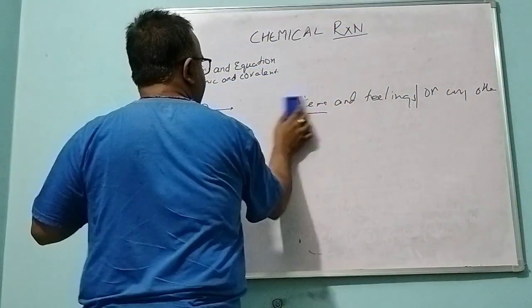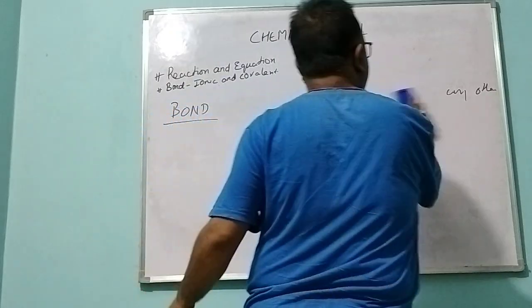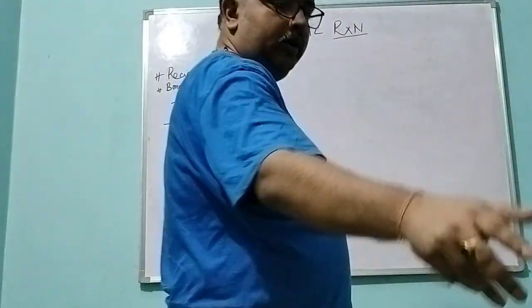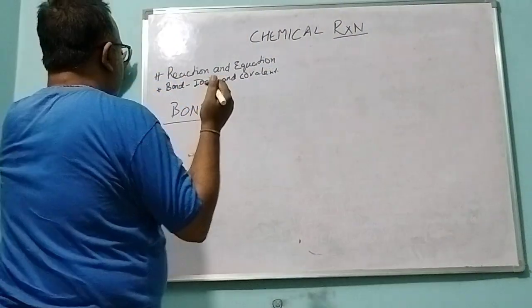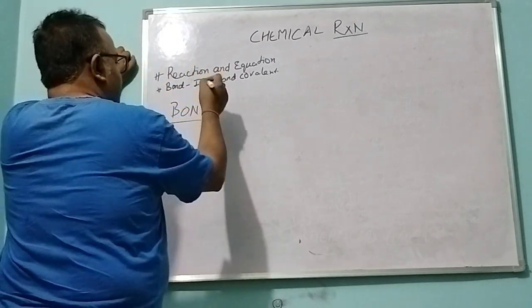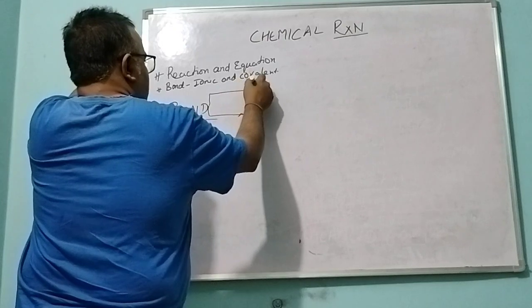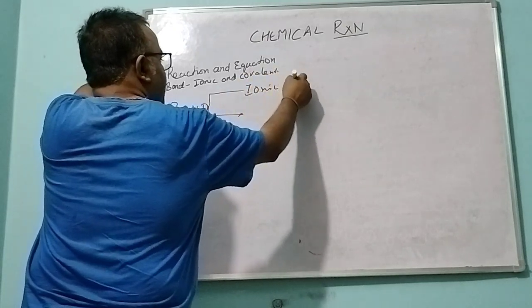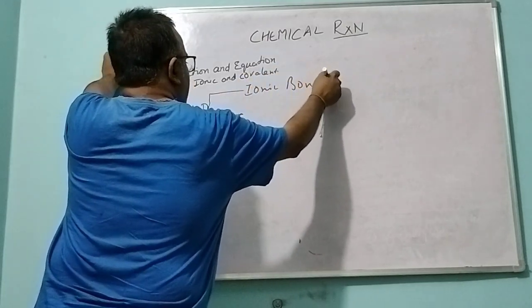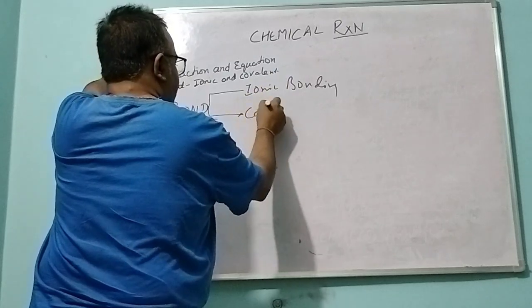So now let's come back to chemistry from this dosti wala bond. Okay, so now this bond in chemistry can be divided into two types: ionic bonding and covalent bonding.